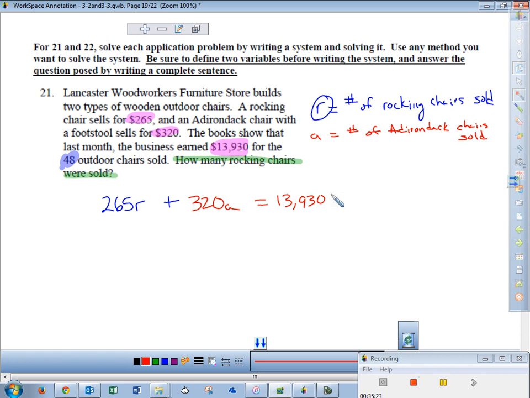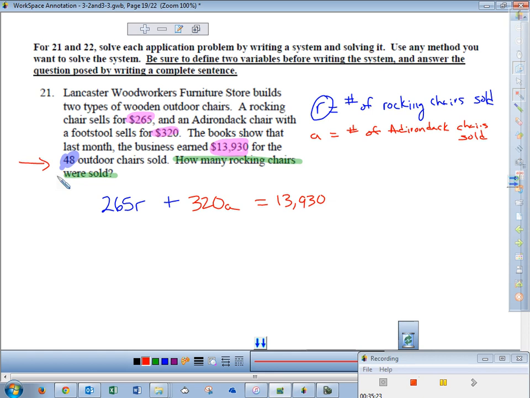There was one more number given to me, 48. What is the 48 all about? That's the total number of chairs. Do you know how many rocking chairs they sold? R. Do you know how many hard-to-pronounce chairs they sold? A. And together, that's how many? How many chairs did they sell? 48, right?